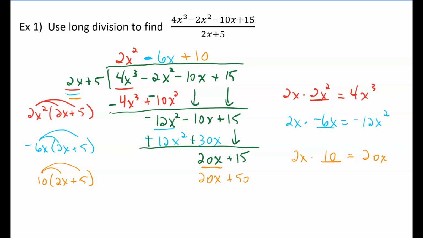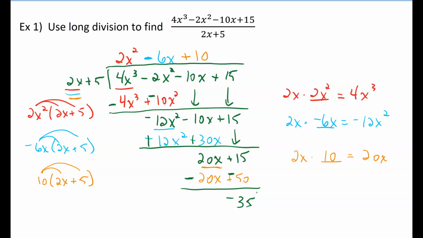And don't forget, with that new line, we are subtracting. So I'm going to flip all my signs here. I have gotten rid of my x term, and now I'm left with 15 minus 50, negative 35. Okay. And now I look at this. Can 2x go into negative 35?